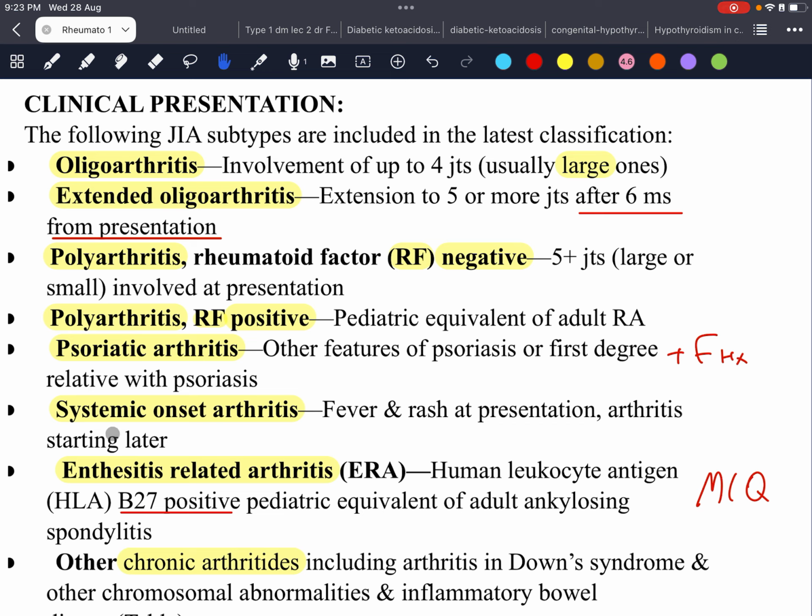The other type is systemic onset arthritis. From its name, the systemic onset starts with fever and rash, and then later on the arthritis develops.